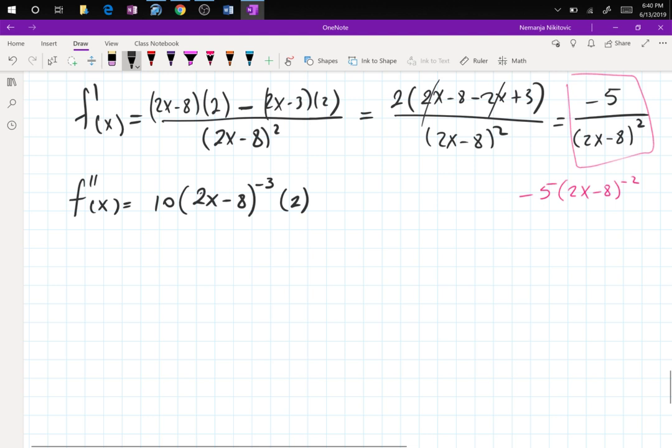Yes, negative 10. Time to go home. Is this better? Yes, it is. Thank you. So we have negative 40 over 2x minus 8 cubed. Well, thank you. That saved the day.